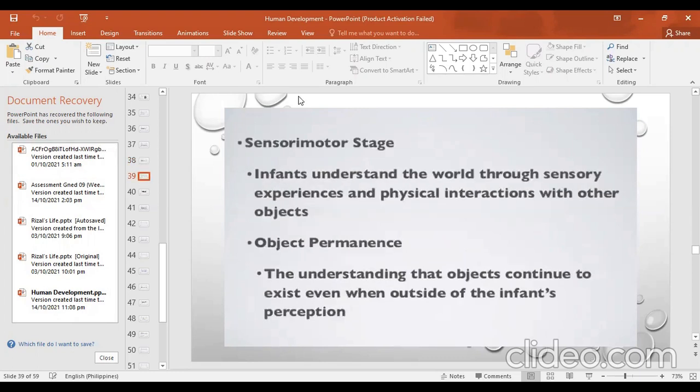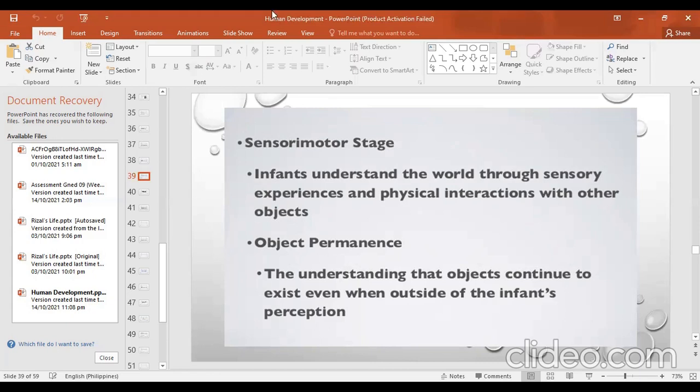Now, let us proceed with the stages. This is very important for you to know. First stage, according to Jean Piaget, is the sensorimotor stage. Please take note, 0 to 2 years.